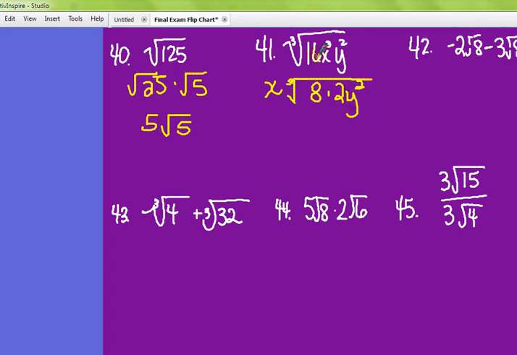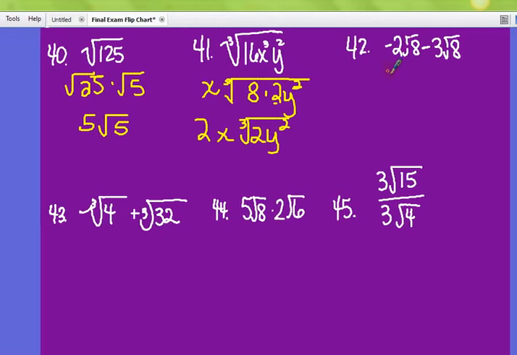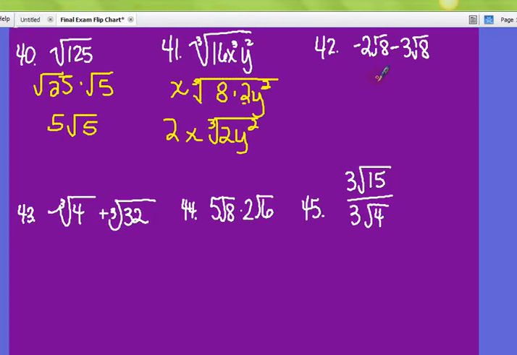But the cube root of 8 is 2, so I can actually take the 8 out. And what I'm left with is just a 2, this 2 right here, and the y squared. There's your answer.